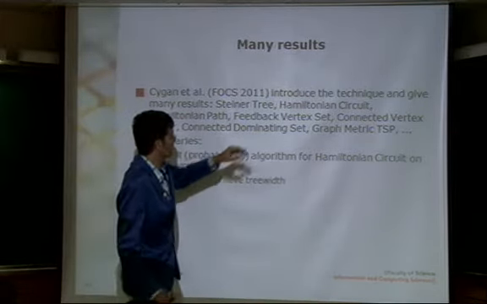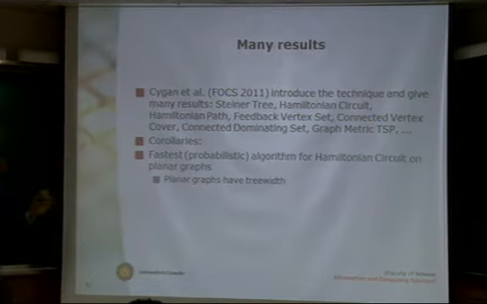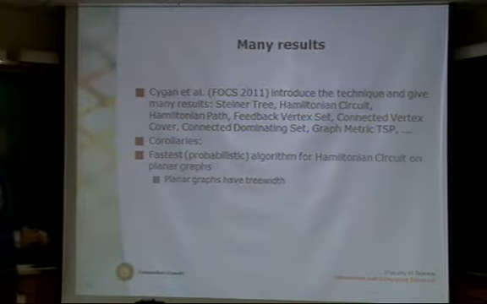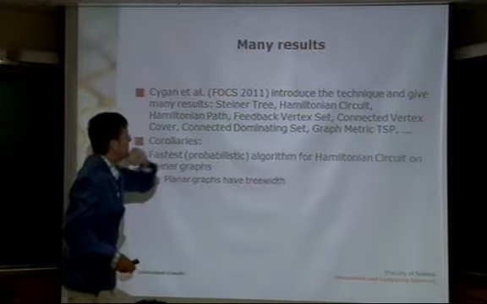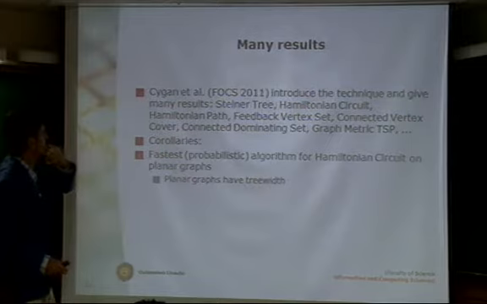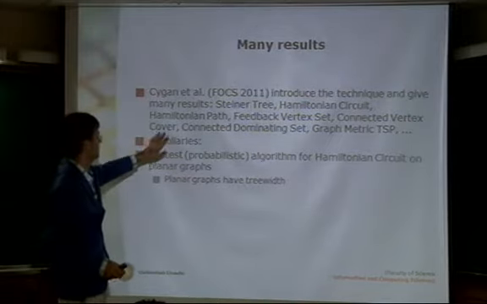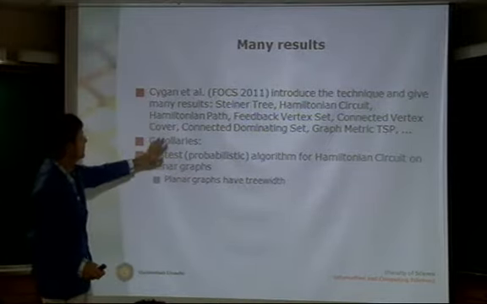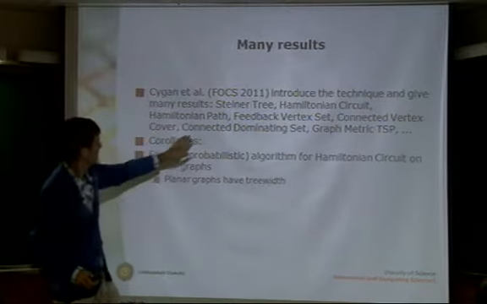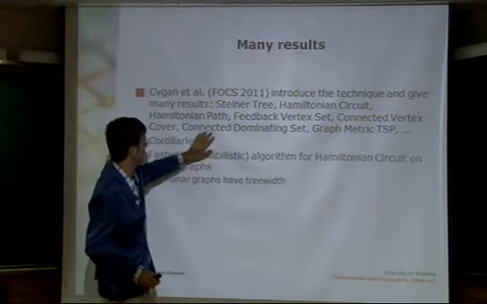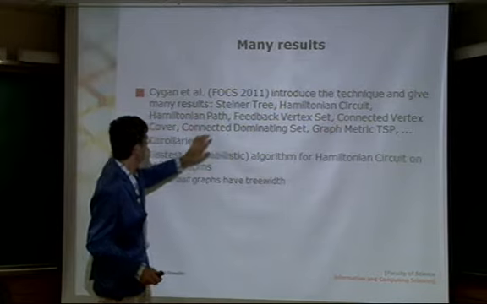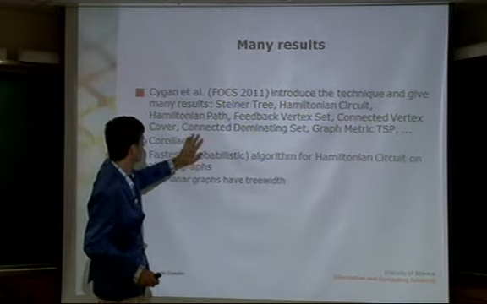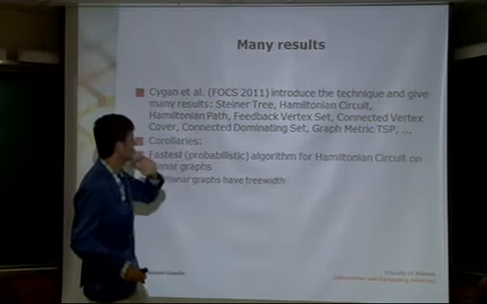Feedback vertex set is the problem that I have to remove as few vertices as possible to break all the cycles in my graph. This also works for directed versions, by the way. Connected vertex cover is, well, I don't explain a vertex cover, but it should be connected. Connected dominating set is that you ask in addition that the dominating set forms a connected subgraph.